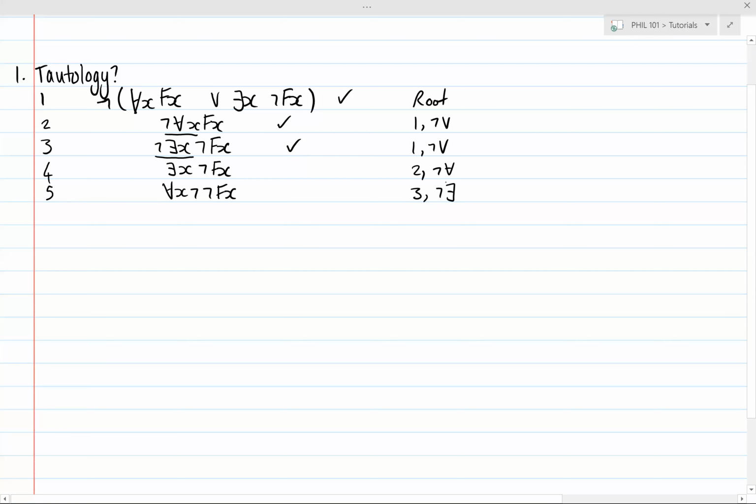And now I've got left to decompose an existential and a universal. So it's always a good idea to do existentials first, and anyway we don't have anything to apply the universal to yet. So I'm going to use the variable a, and I'm going to write negation of fa. So now I've decomposed this formula.